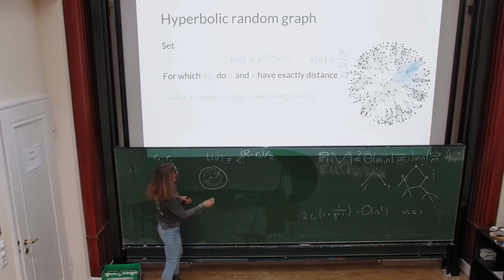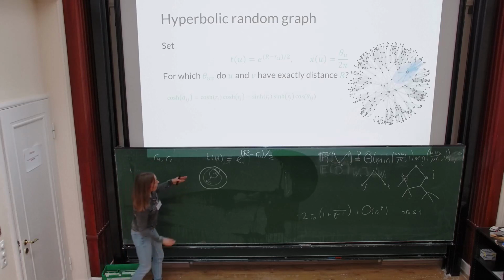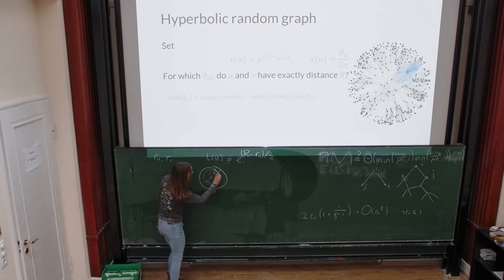Everything with radius RV will connect to the point with radius RU if it's within this hyperbolic disk. And the question is, how wide is this hyperbolic disk?